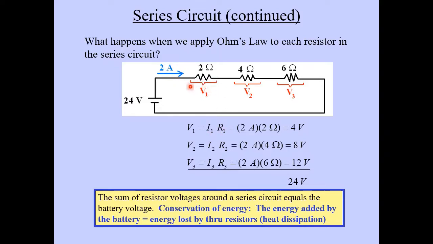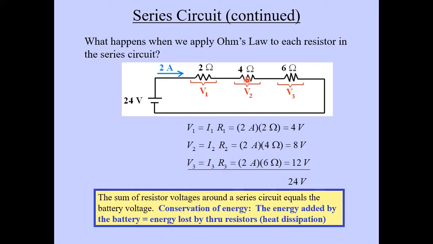I1, remember, is 2 amps, because that current is going through all of these resistors. So we have I1 is 2 amps and R1 is 2 ohms. So 2 times 2 gives us 4 volts. In other words, this resistor has 4 volts across it. Another way of saying this is it has a voltage drop of 4 volts.